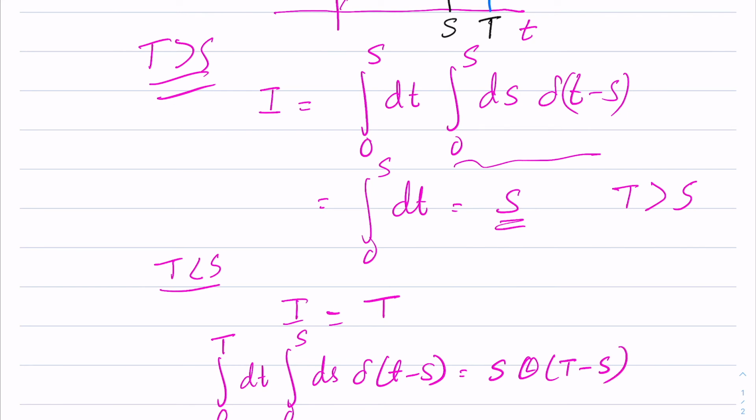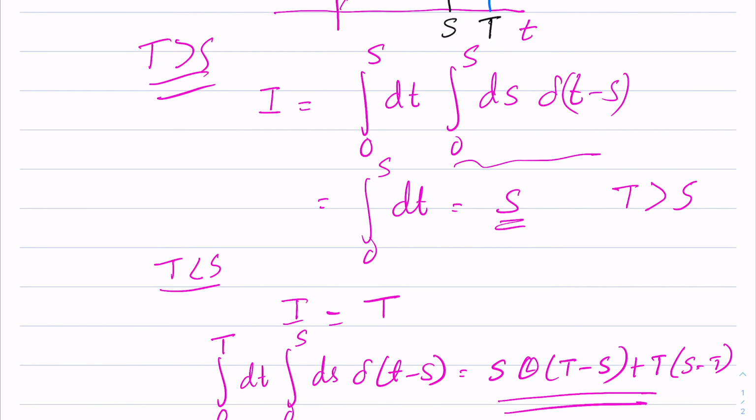So for t greater than s it is s, because the theta function will be non-zero, or plus 1, when its argument is positive, otherwise it is 0, plus t if s is greater than t, or t is less than s. Okay, so s minus t. So this is the answer.